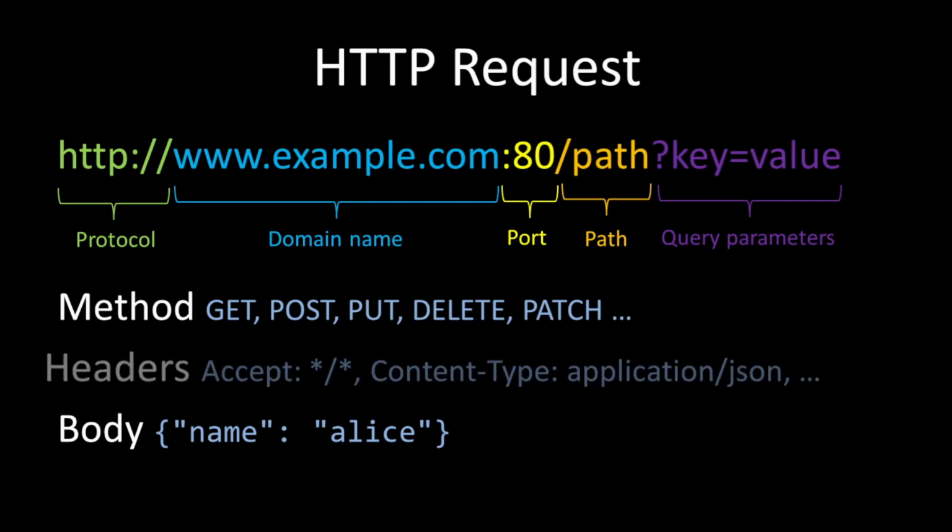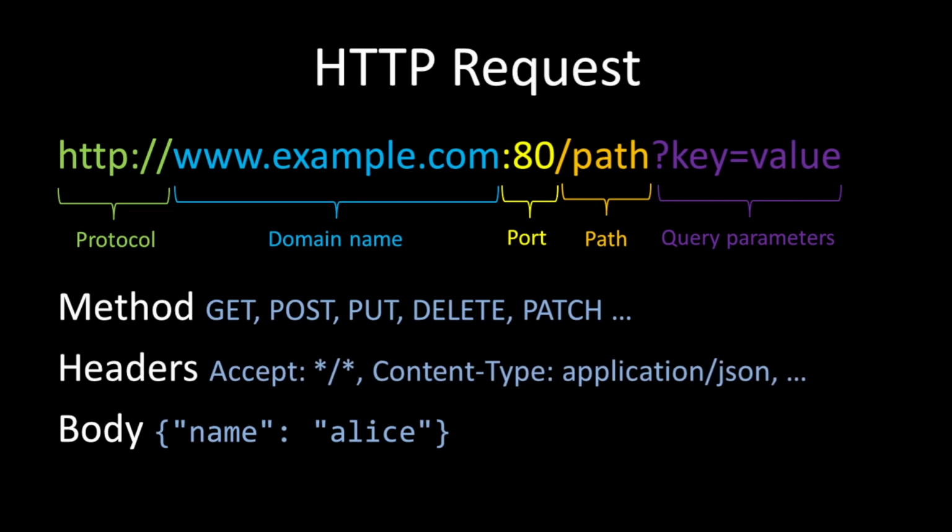A request also contains headers. These are metadata describing the request and is represented in key value pairs. There are standard headers and custom headers. For example, accept is a standard header, which specifies the response data format the client is willing to accept. The content type header specifies the data type of the request body.